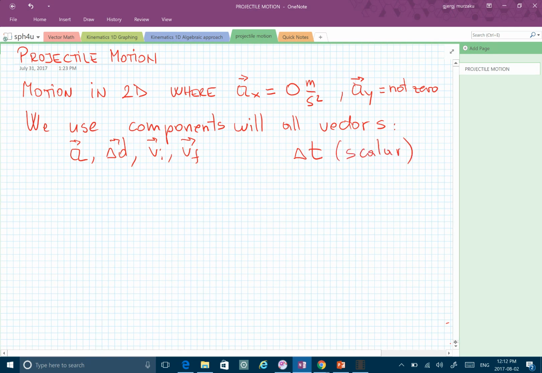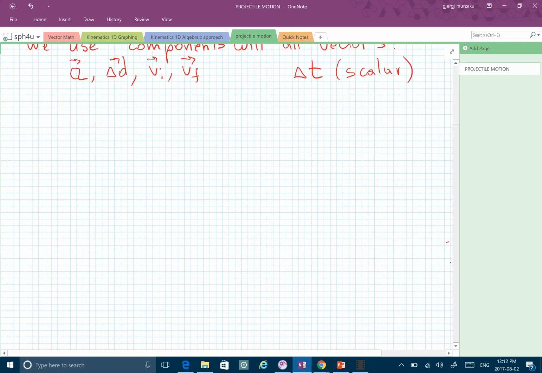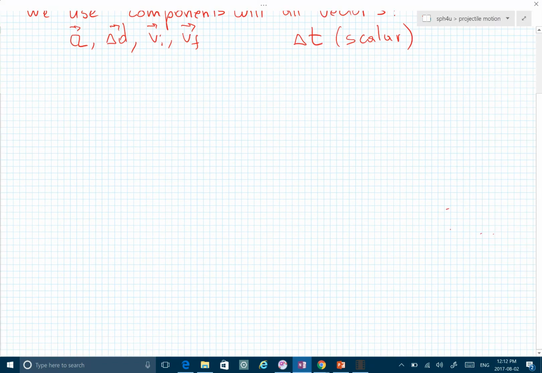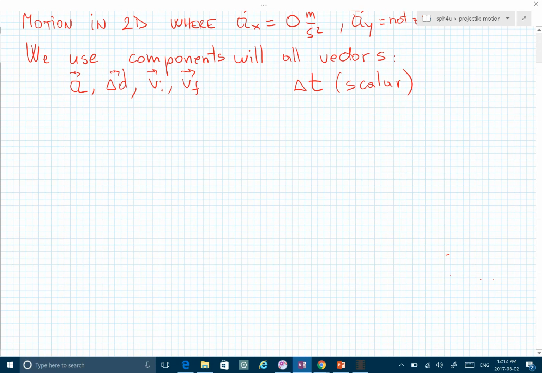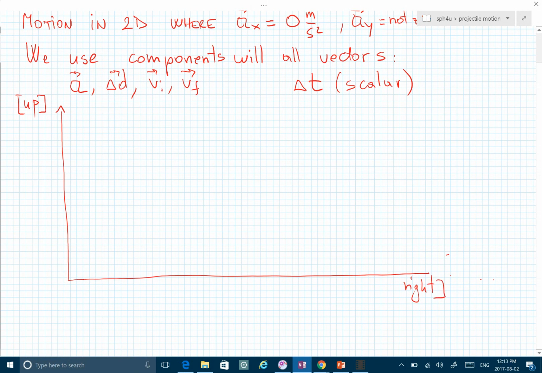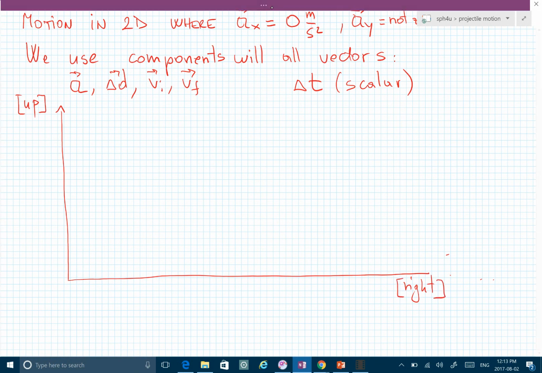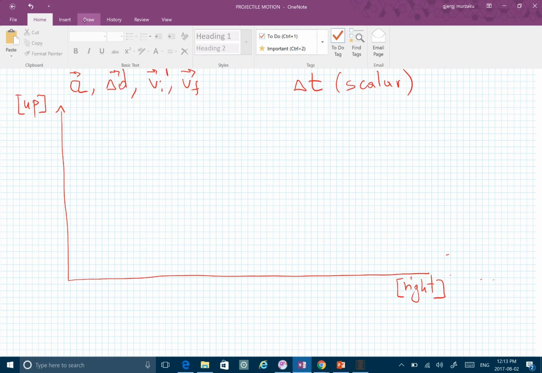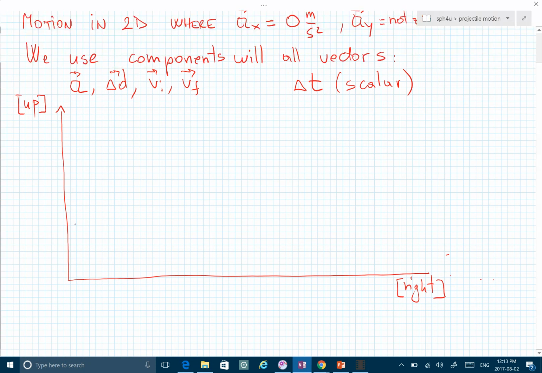Okay, so how do we visualize projectile motion? Well, here's a plane. All right, this is up, and this is, I don't know, east, west, whatever it is, to the right. So let's say that we have a projectile, and we're throwing this projectile from some initial height at t equal to 0.